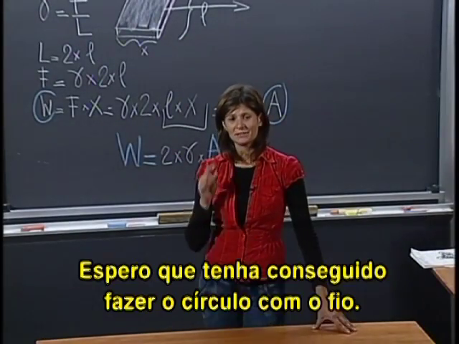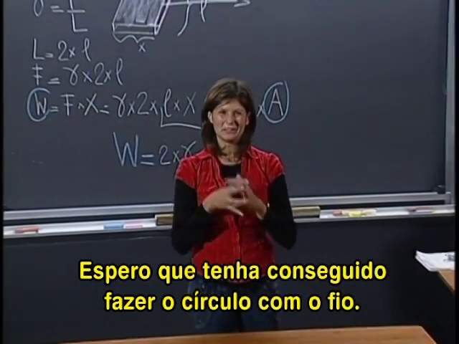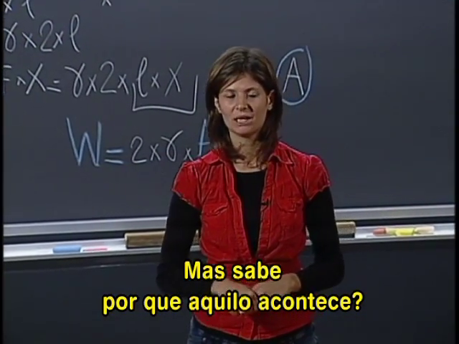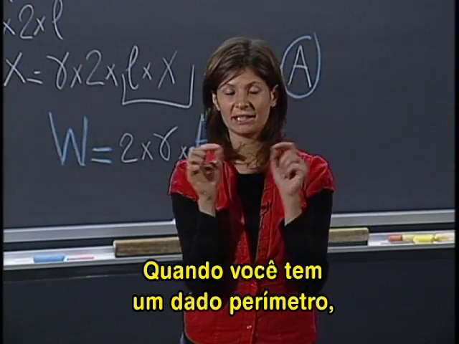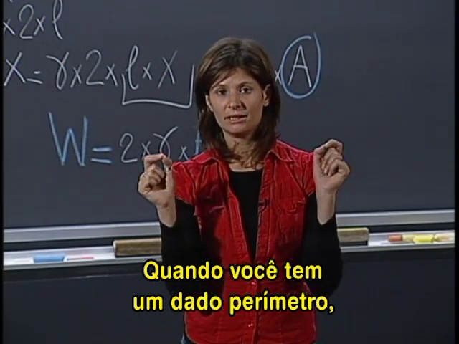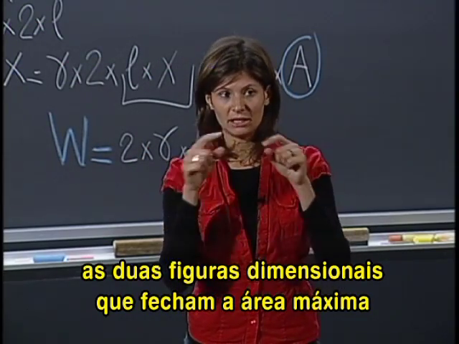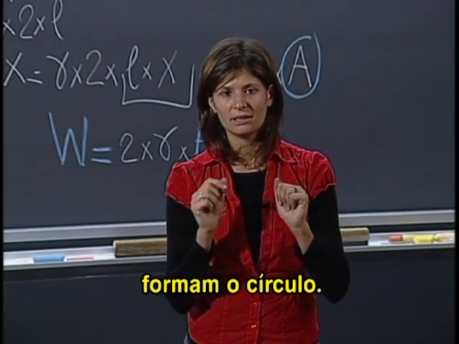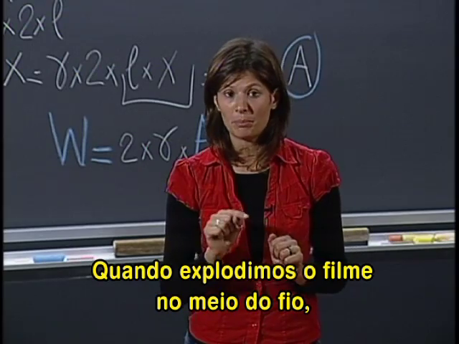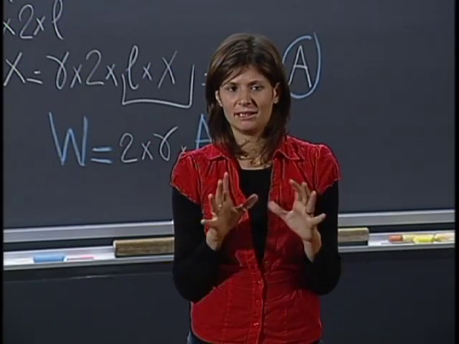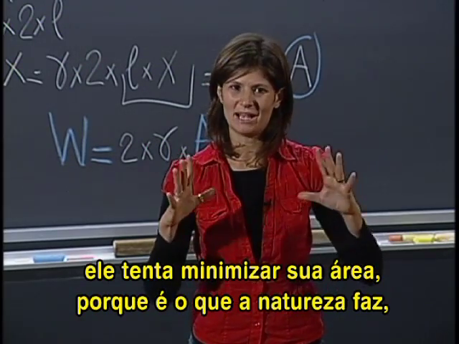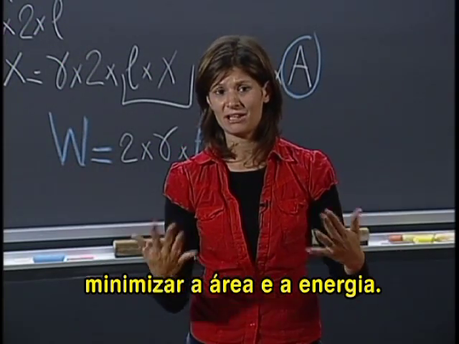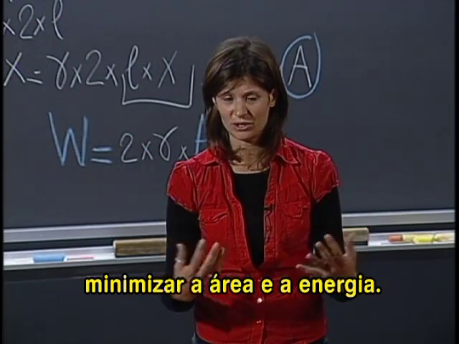Welcome back. So I hope that you managed to create your little circle with the thread. Do you know why that happened? Well, you should know that once you take a given perimeter, the two-dimensional figure that encloses the maximum area is the circle. So when we make the film pop in the center of the thread, the film wants to minimize its area because this is what naturally it wants to do, minimize the energy.